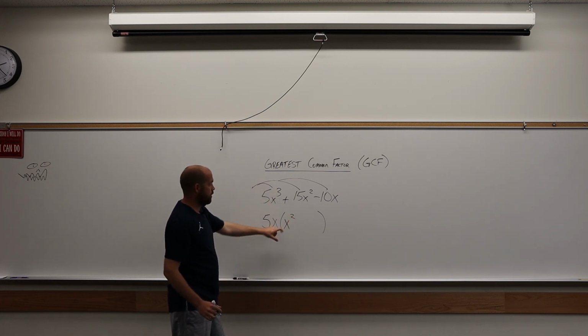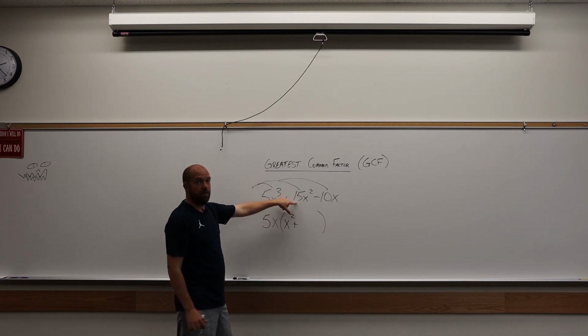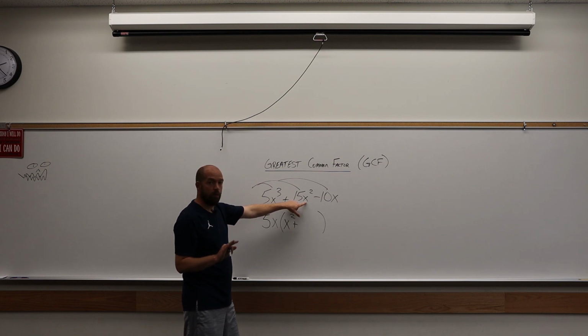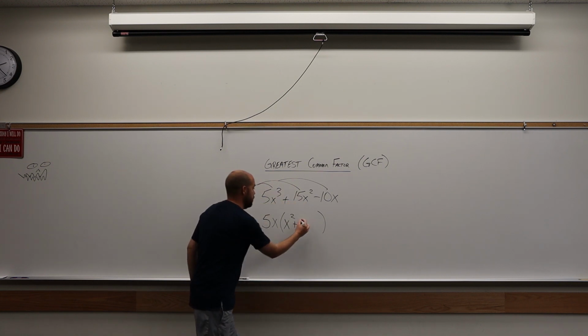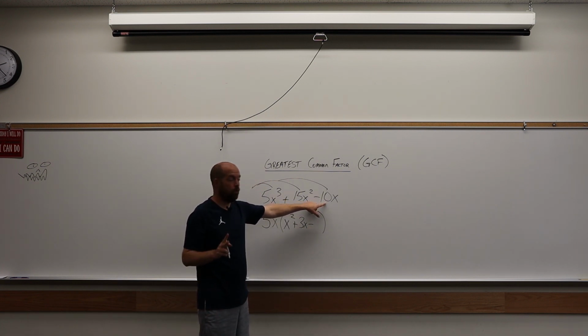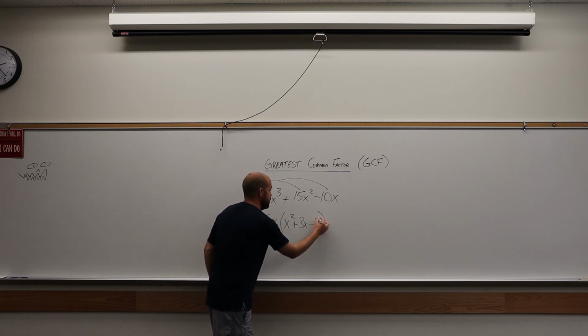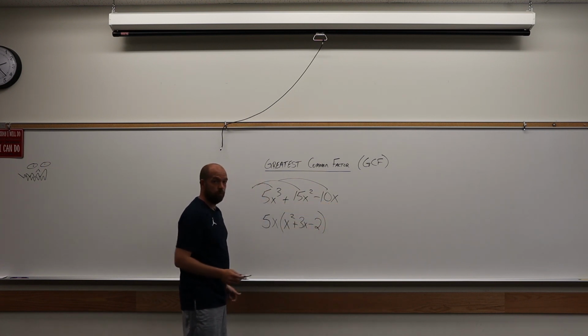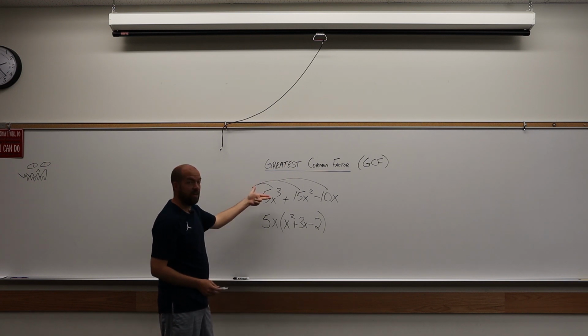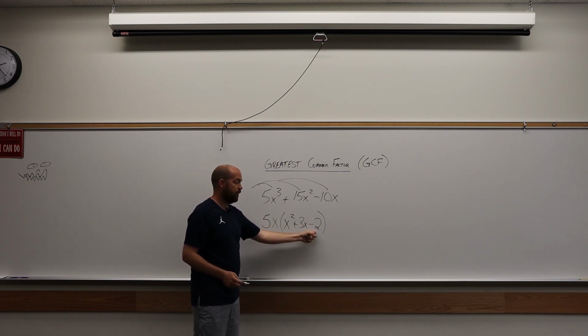So I have a 1x squared here, plus 15 divided by 5 is 3. If I take away an x, I would still have 1x left over, so I have 3x here. Looks like I have a minus. 10 divided by 5 is 2. If I take away that x, I don't have any more x's available, so that's just going to be a 2. So when I factor out the GCF, I end up with 5x times parenthesis x squared plus 3x minus 2.